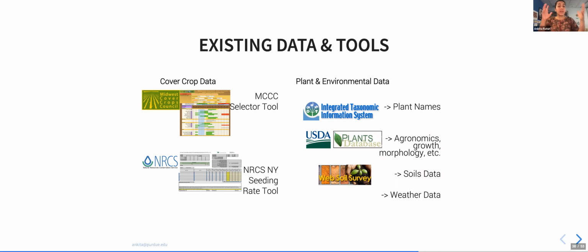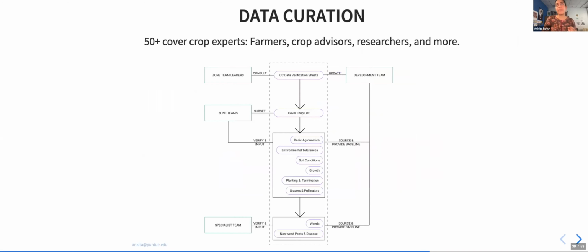We also started with some supplementary data sets from ITIS for taxonomy information, from the PLANTS database to get some agronomics and morphology information, and we did some scraping of SURGO to get soil conditions. And we also have some weather data that we're using. Our colleagues over at NC State have built out a weather API that we've been using to make sure that we also have site-specific weather information.